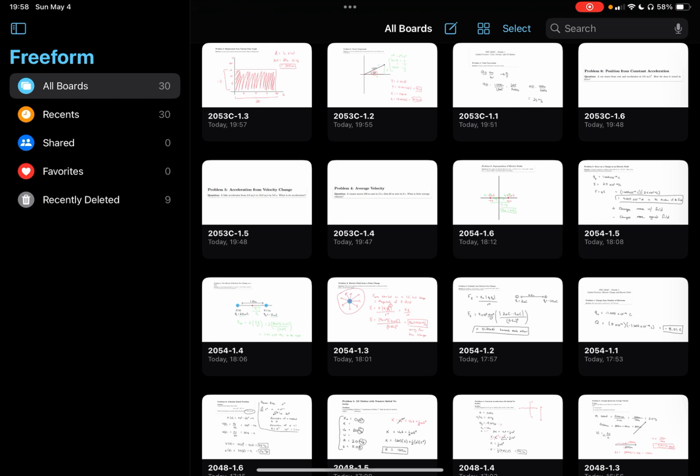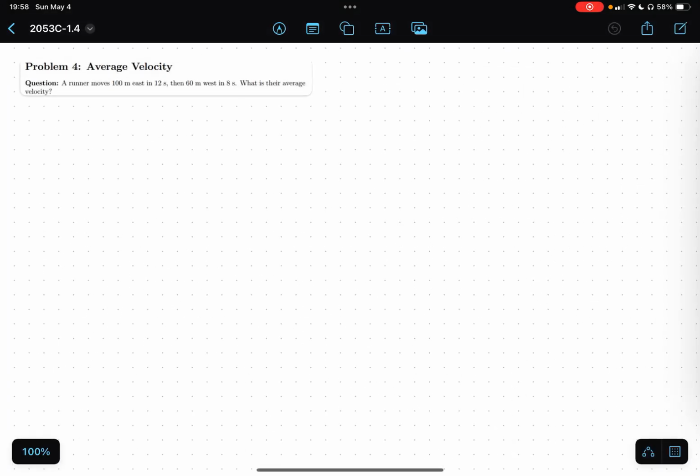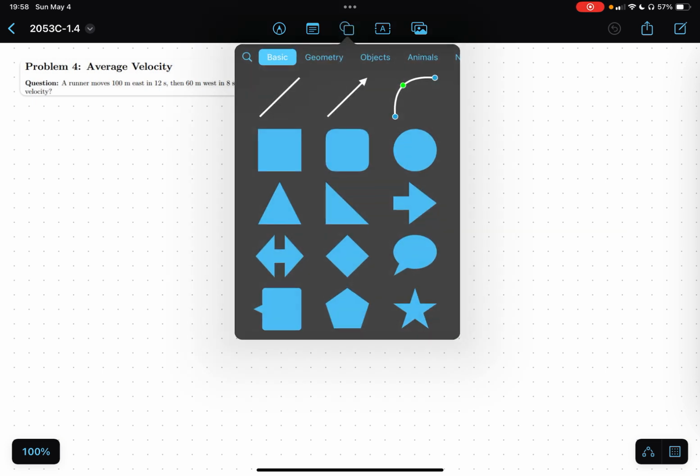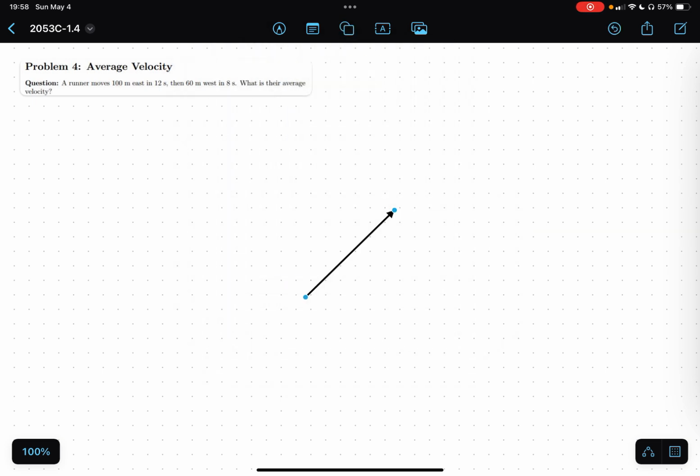Moving on to question 1.4. For 1.4, we are dealing with average velocity. So for this problem, we have a runner who runs 100 meters east.